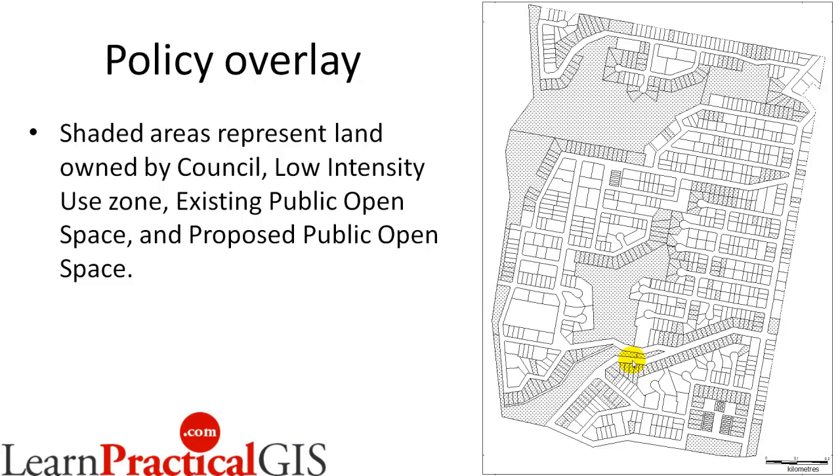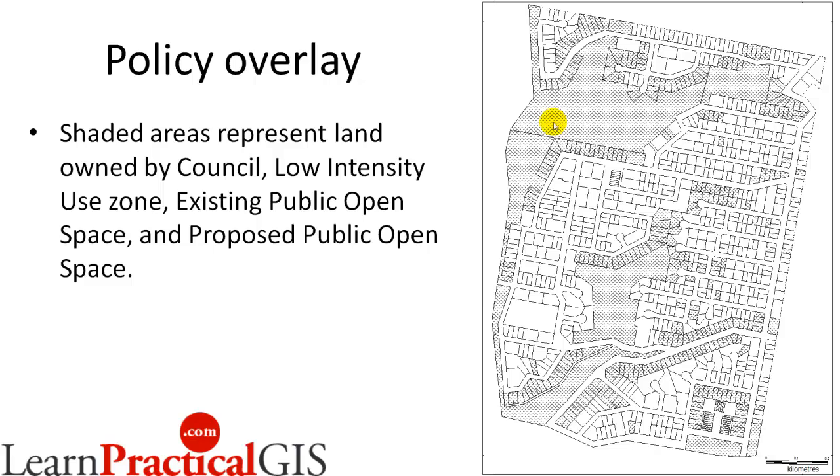Then there's a policy overlay. Local government in this case has a policy, and it actually owns a good chunk of this area as well. The shaded areas represent land that's owned by council, in a low intensity use zone, or existing or planned open space. In other words, the shaded areas are areas that council have a lot of control over.